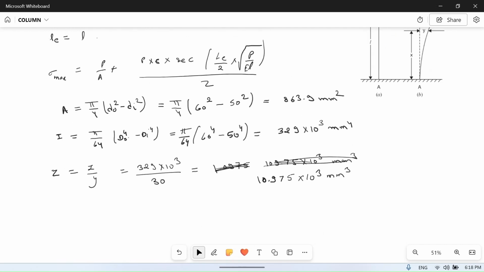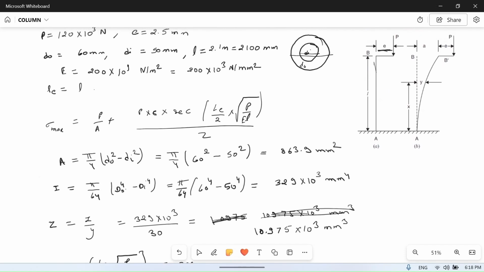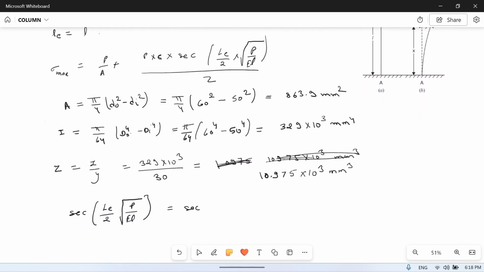Now what is the value of sec of (L effective by 2 into root P by EI)? If we find this value, L effective is equal to L, which is 2.1 meter, which is 2100 mm.